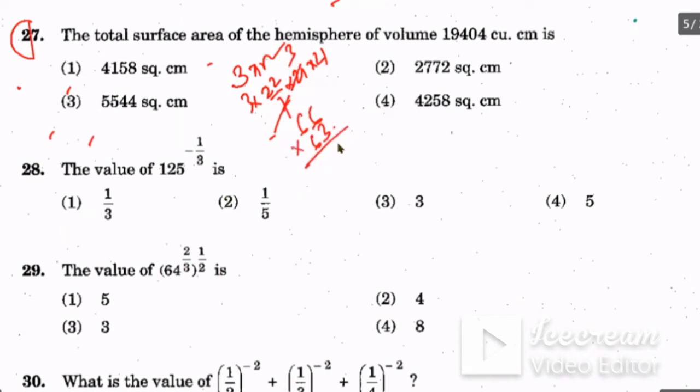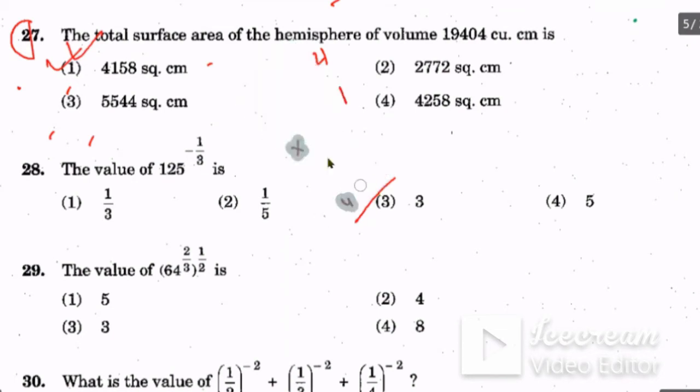Now you can multiply it. 3 6s are 18, carry 1, 19, 6 is 36, carry 3, 39. So 8, 9 plus 6, 5, carry 1, 9 plus 1, 10 plus 1, 11, carry 1, 3 plus 1, 4, 4158. So the first one is your correct answer.